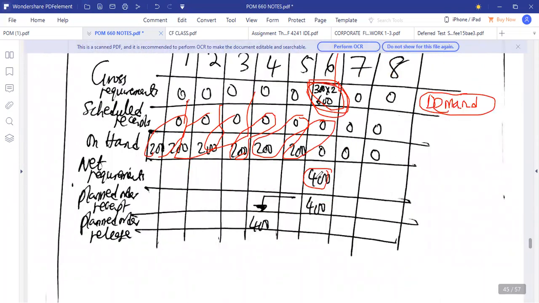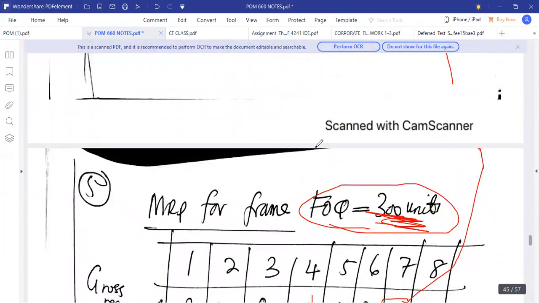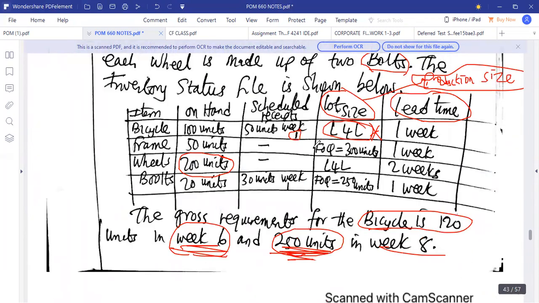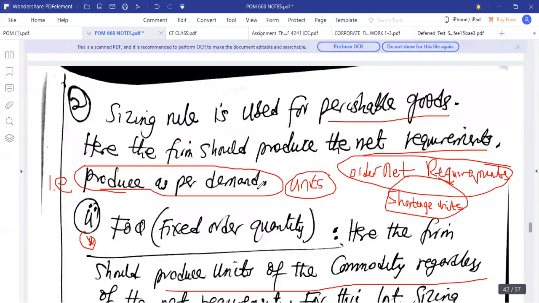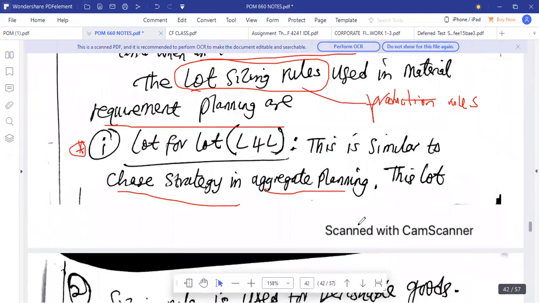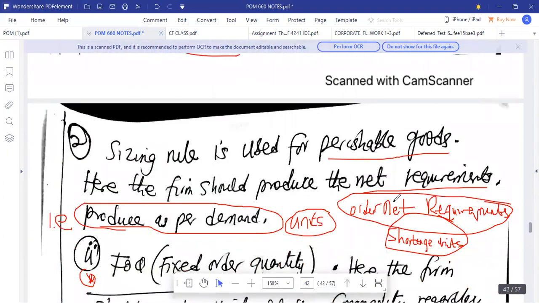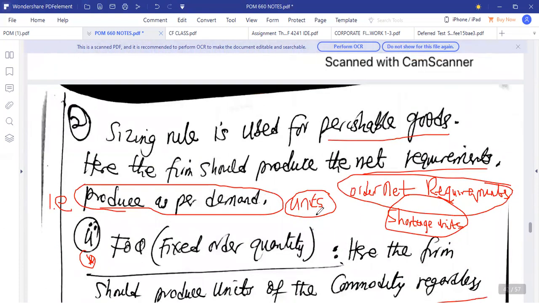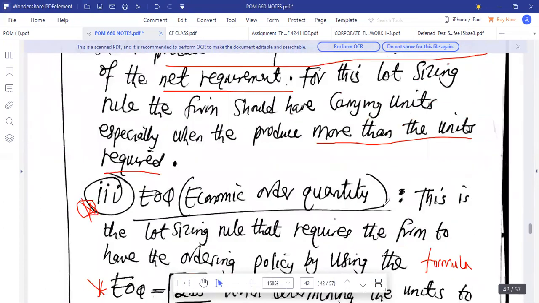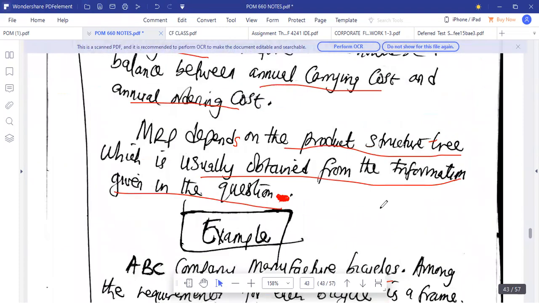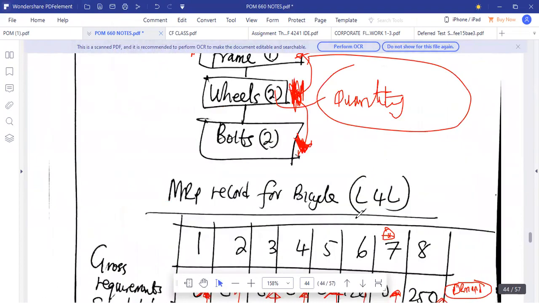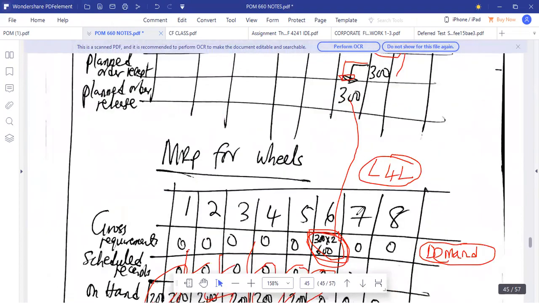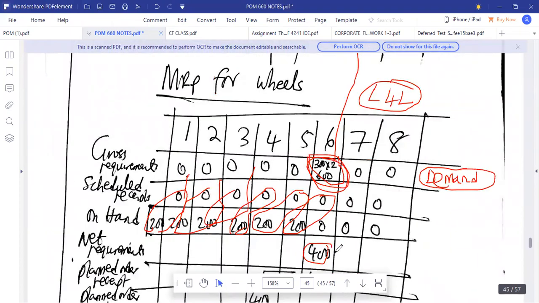So order the net requirements. From the explanation here, lot for lot means you are ordering the net requirements. So for the wheels we are going to order our net requirement of 400 here.